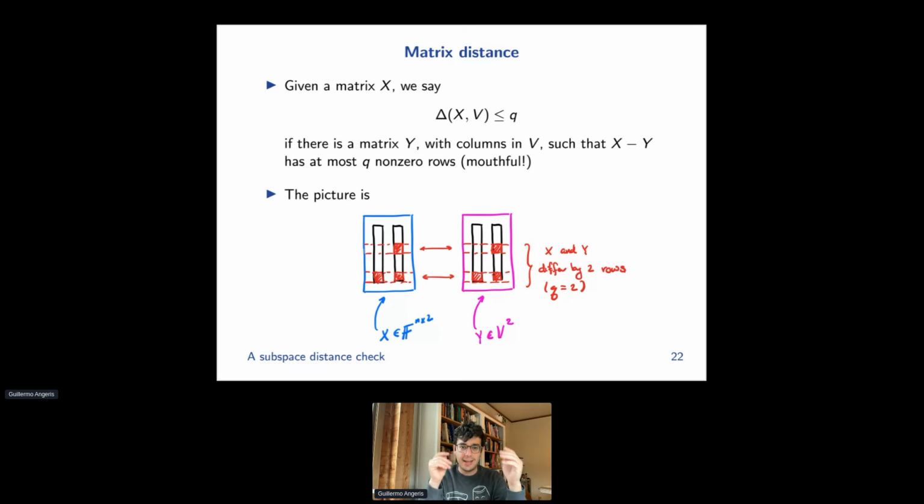So what does it mean for a row to differ? If you look at the first little red box with squiggles on it, specifically here, the second column of X differs in that entry from the second column of Y. And so that entire row is different.